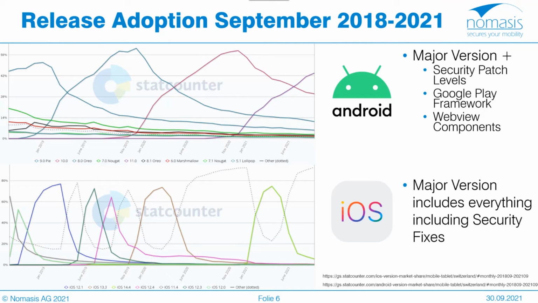This means iOS 14 will keep getting security fixes, in iOS 14 dot something dot something, until iOS 16 will be released next year. We recommend going to the next major version, but for some reasons, it might be beneficial to stay on the iOS 14 release and only get the security fixes.